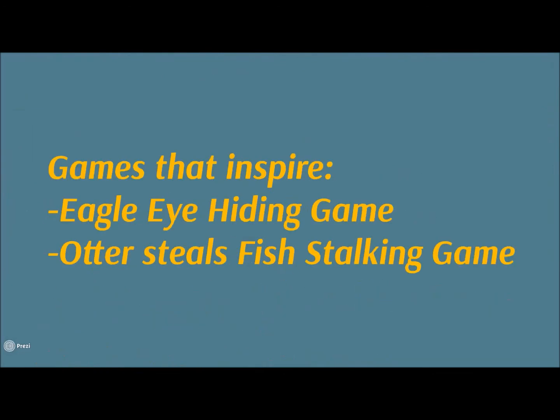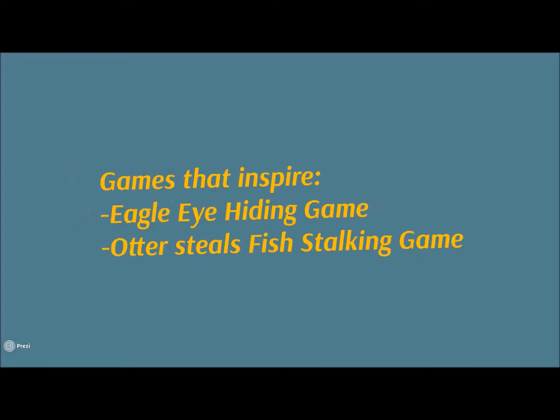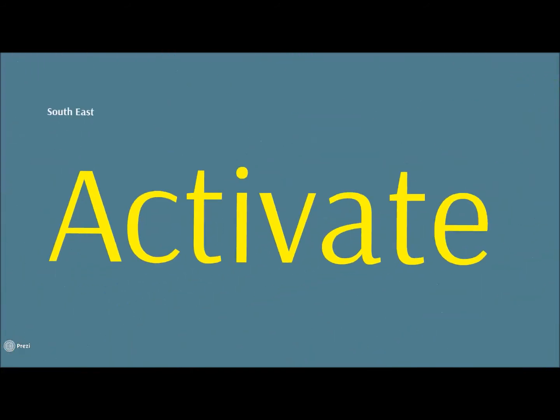A lot of the activities that we're doing, if they're not ready for fun, it's going to be a little bit harder. So a few games to play right off the bat for that sense of inspiration. The Eagle Eye, which is a hiding game, and Otter Steals Fish, which is a stalking game. So these are running around type games to make sure that they're warm, as well as just starting to get in touch with their bodies, leaving things behind.